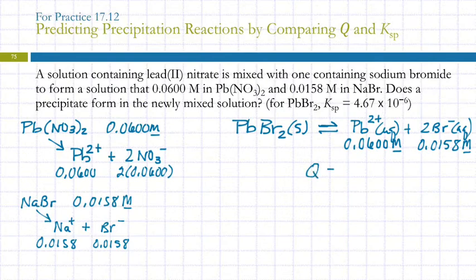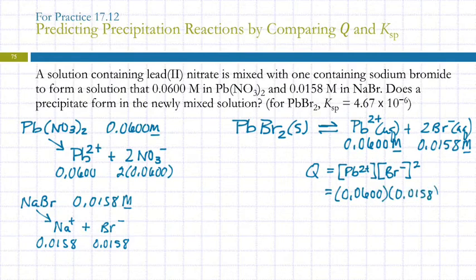So Q is going to equal the lead concentration times the bromide concentration squared. And we're going to find the value, and then we're going to compare it to KSP.